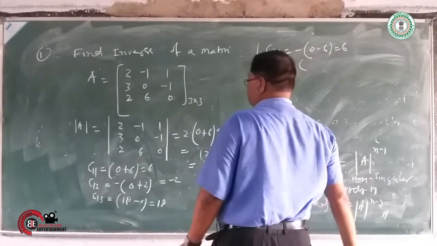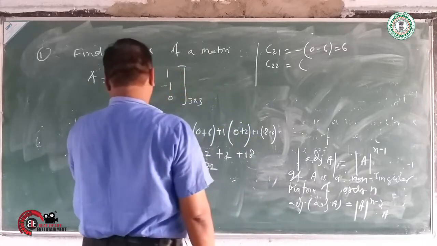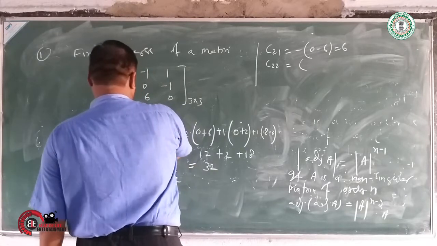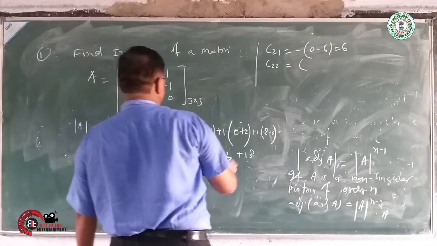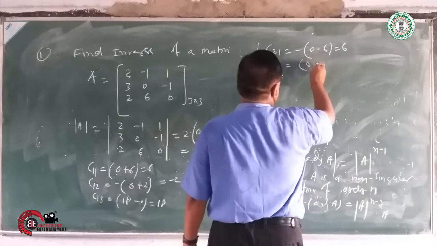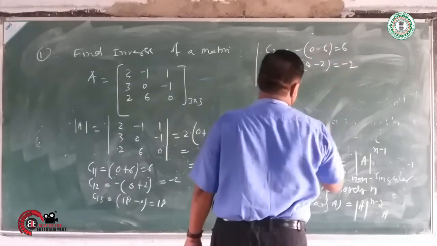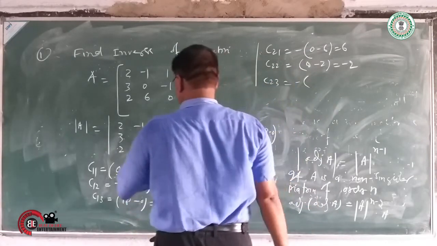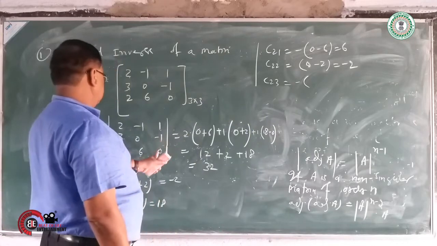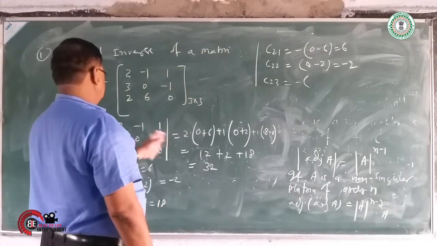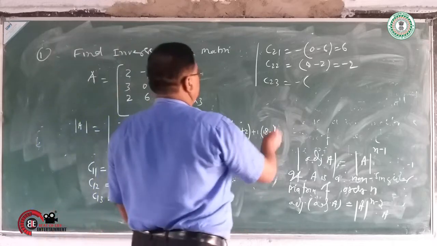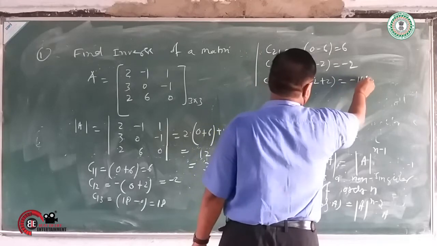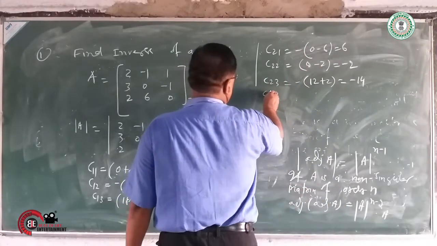C22: 0 minus 2, minus 2. C23: minus, 12 plus 2, minus 14.